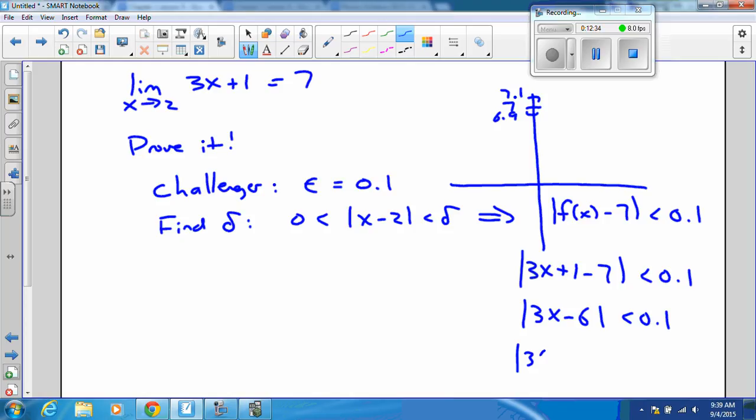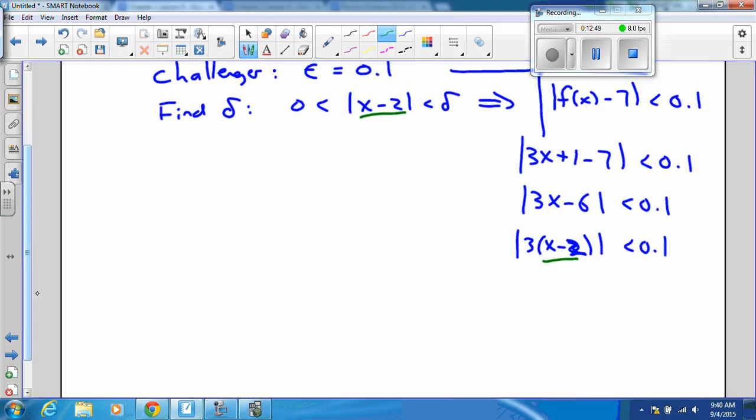And that is that we notice that the resulting expression, 3x minus 6, just happens to be equal to 3 times x minus 2. Now the reason this is wonderful is that the expression x minus 2 right here just happens to match the x minus 2 that we're looking for in our delta neighborhood.